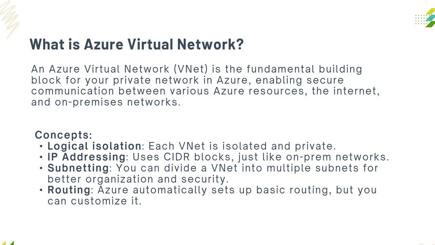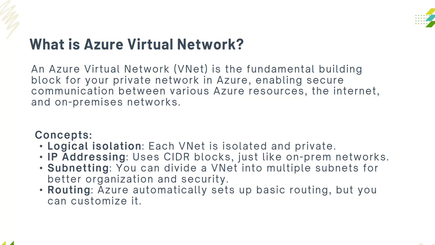IP addressing: you can use CIDR blocks just like your on-prem network, and you can have it on your Azure Virtual Network as well. Subnetting: you can divide your VNet into multiple subnets for better organization and security. Routing is automatically set up for basic routing, but you can customize it.